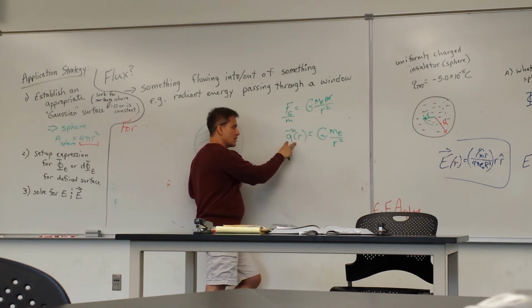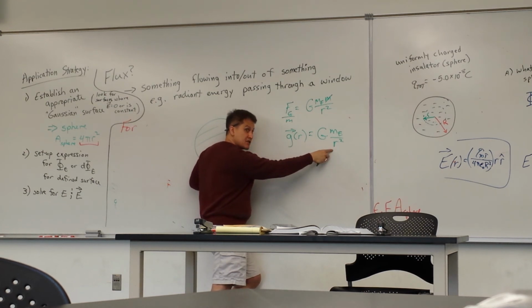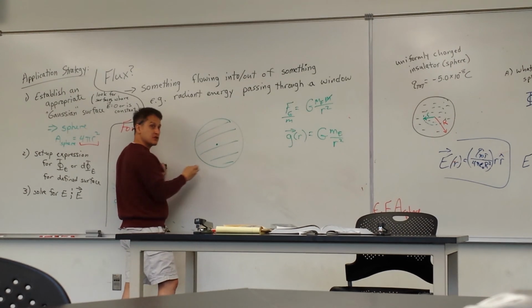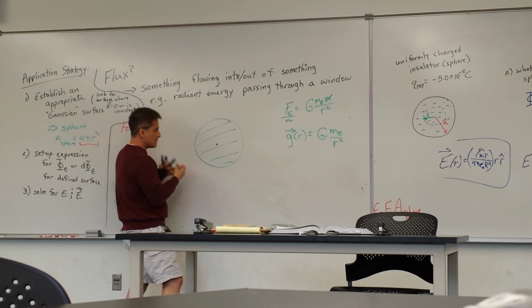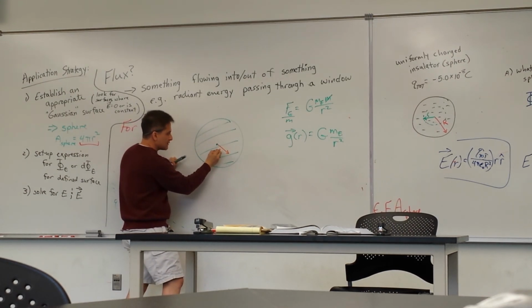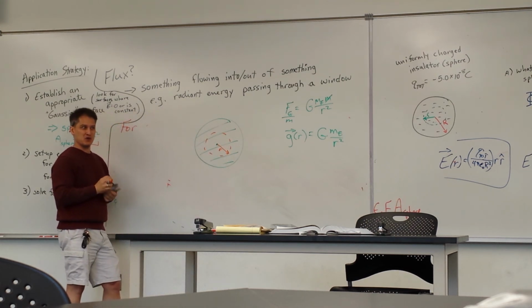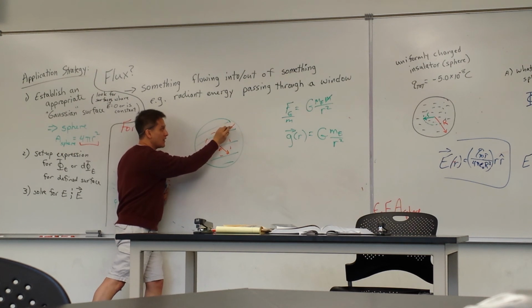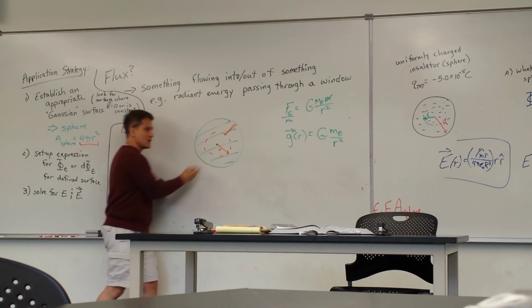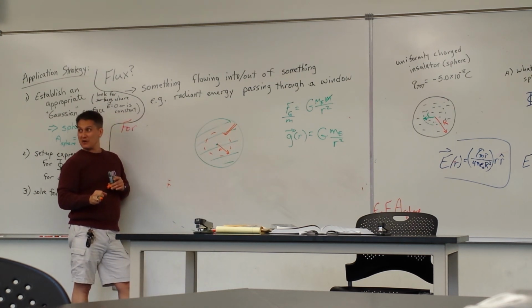However, what if we replace this with an equivalent A? Here's the center. I'm probably being more esoteric than you want me to be. Let's look at this distance away from the center of the Earth. Say I could dig a little hole and get right in here. What would the gravitational field be there?